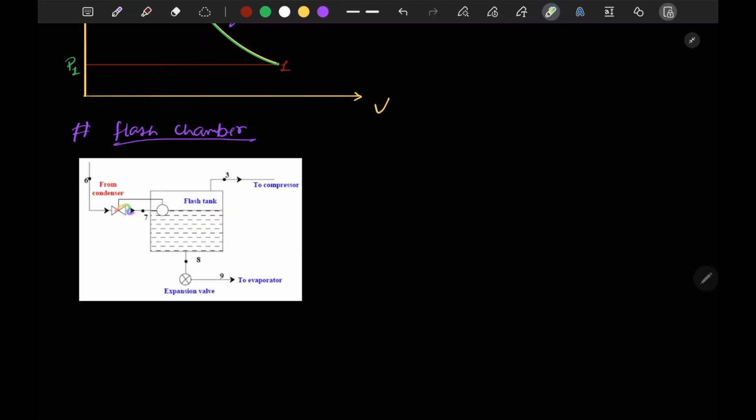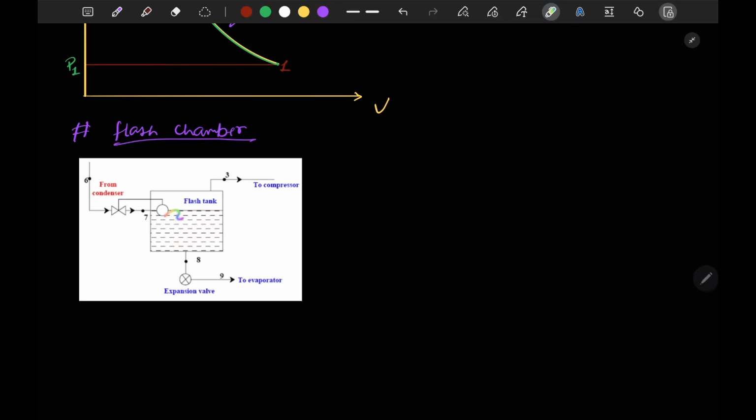So when we throttle it, from the condenser, let's say the pressure is P6. Here the pressure is P7, and this pressure P7 is less than P6 after throttling. At this point we have installed a float to measure the level of this liquid refrigerant.